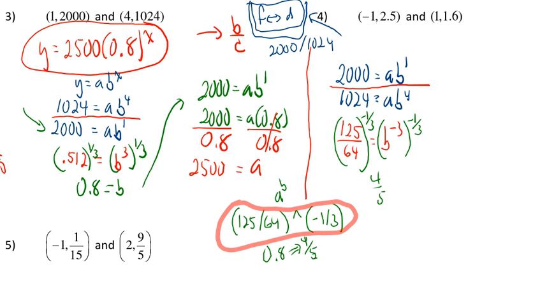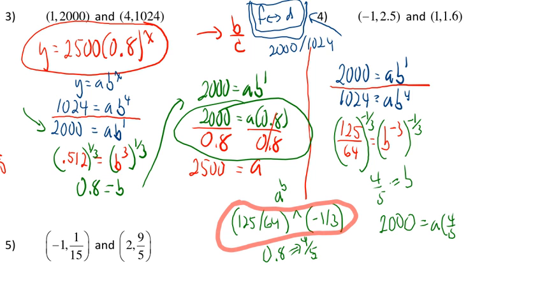If you want to do it as a fraction, then it would look like this: 2,000 equals a times 4/5, and then you just multiply both sides by the reciprocal, times 5/4, times 5/4, and then you'll get 2,500 equals a.